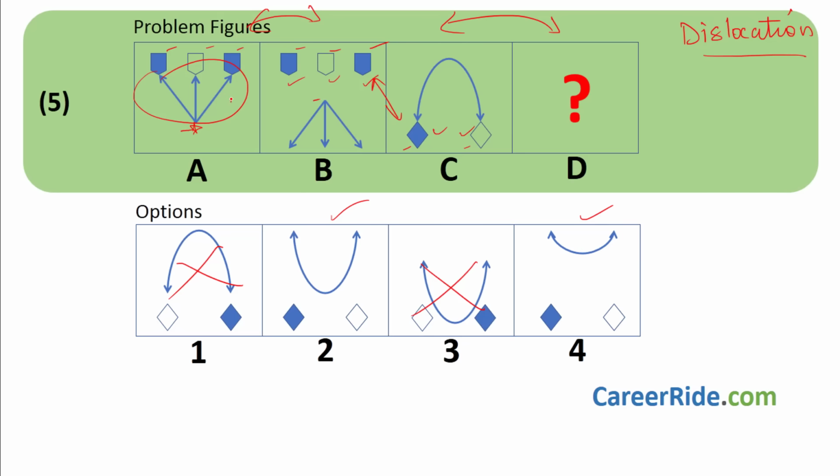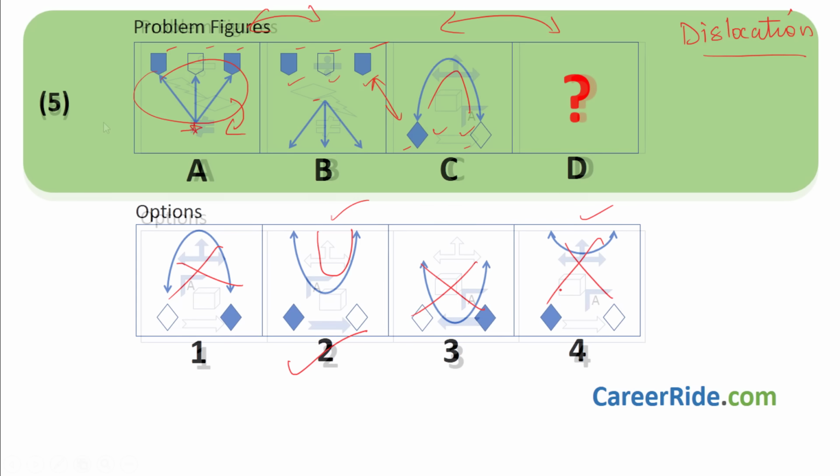Now over here this gets inverted by 180 degrees. Okay, so this will also get inverted. So it is either this or this, but we know that this is a huge curve, huge curve. So the exact copy is this only. So the answer is 2. This is nothing but dislocation of a figure or dislocation of a part of a figure. Moving to the next question.